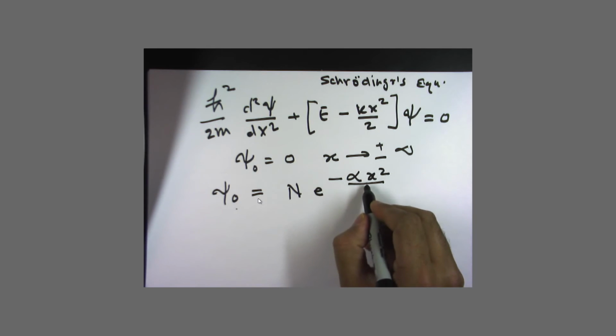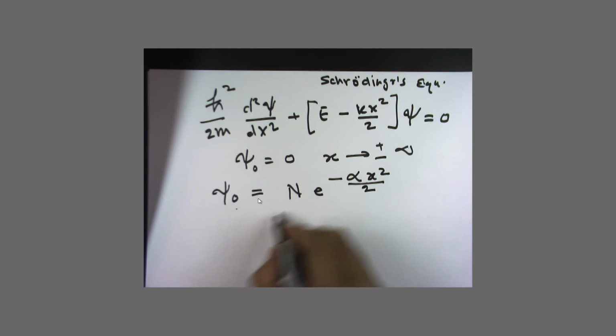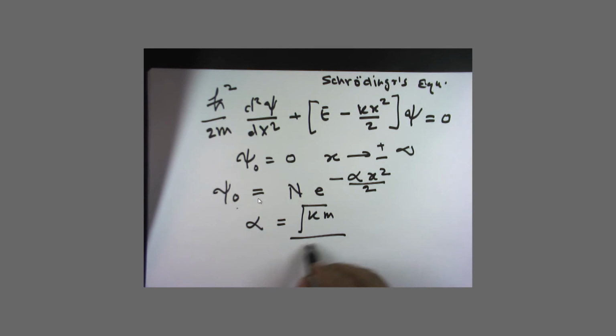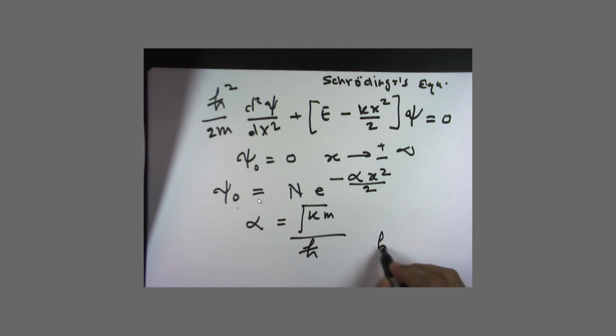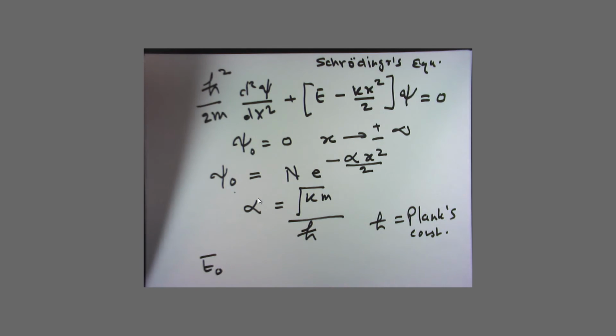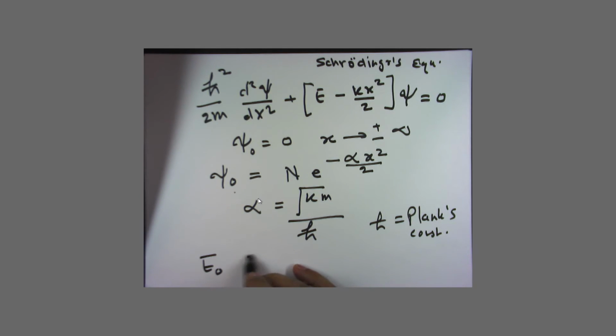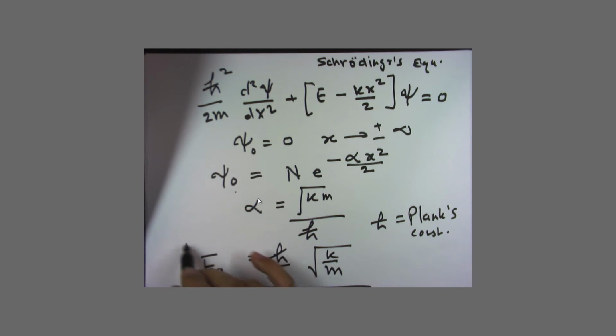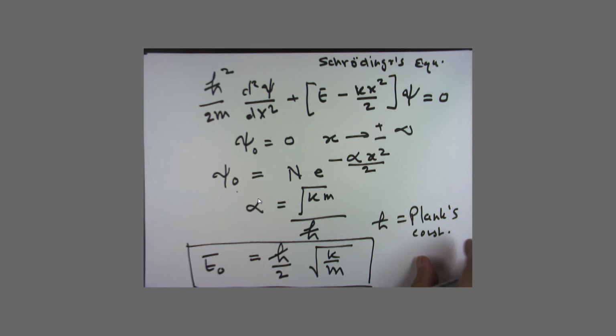We look at the exponential solution now, where alpha is equal to the square root of k m divided by Planck's constant h bar. If I look at E0, we can calculate using the Schrodinger equation that the energy at the 0 level will be h bar by 2 times the square root of k by m. So, this is your first energy level.